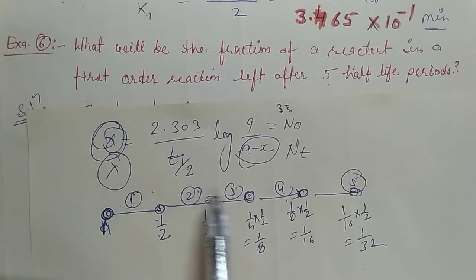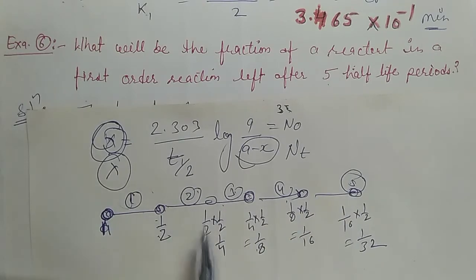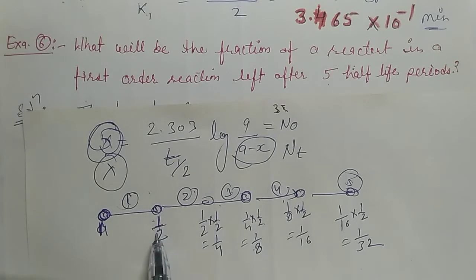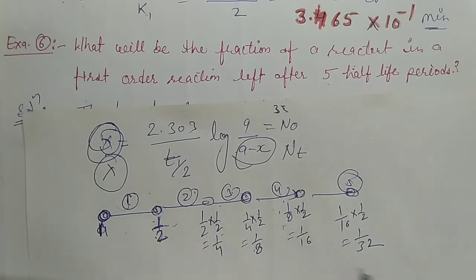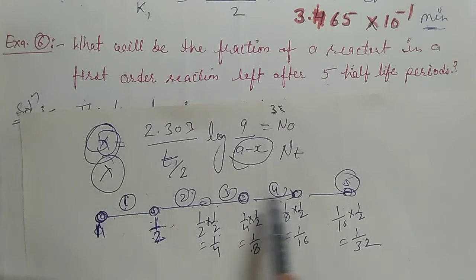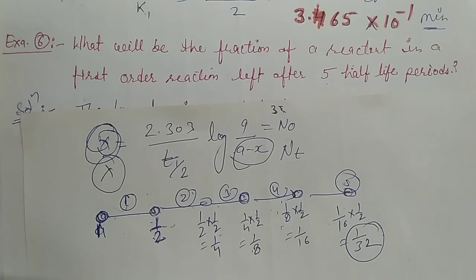However many half-lives are taken, we have to multiply by 1 upon 2 for every half-life. So after 5 half-lives, 1 upon 32 of the initial concentration will be left.